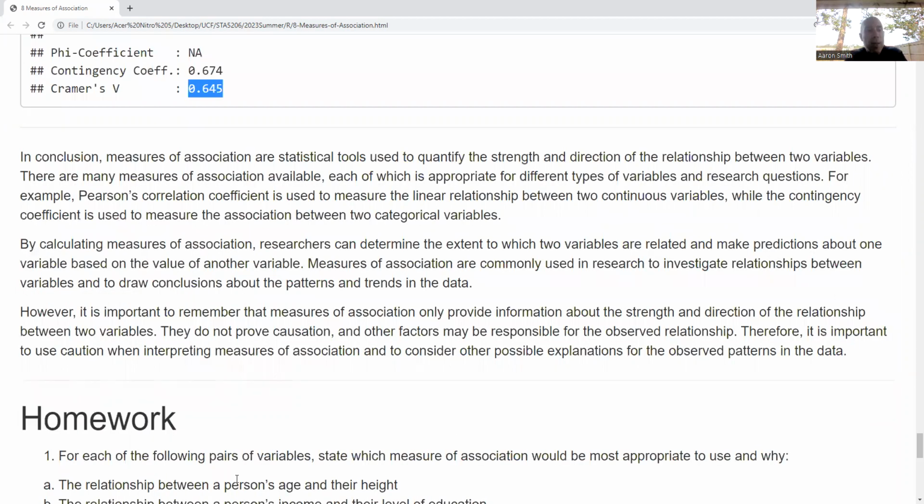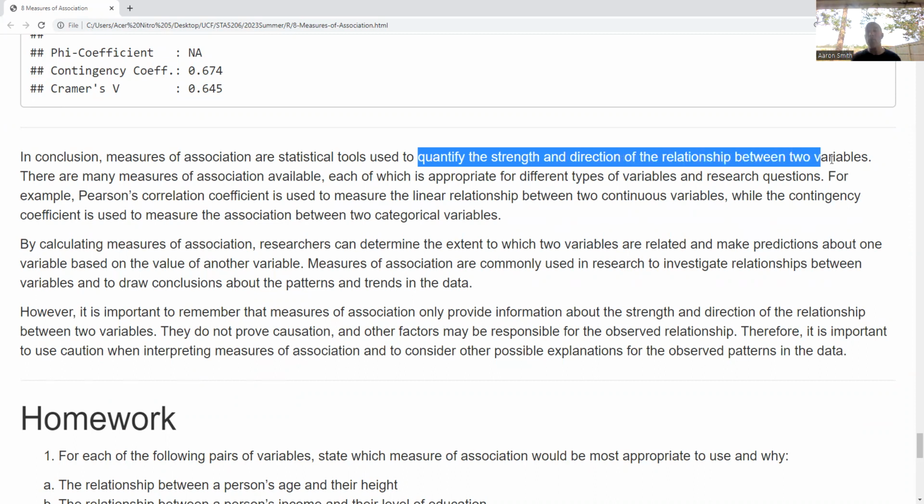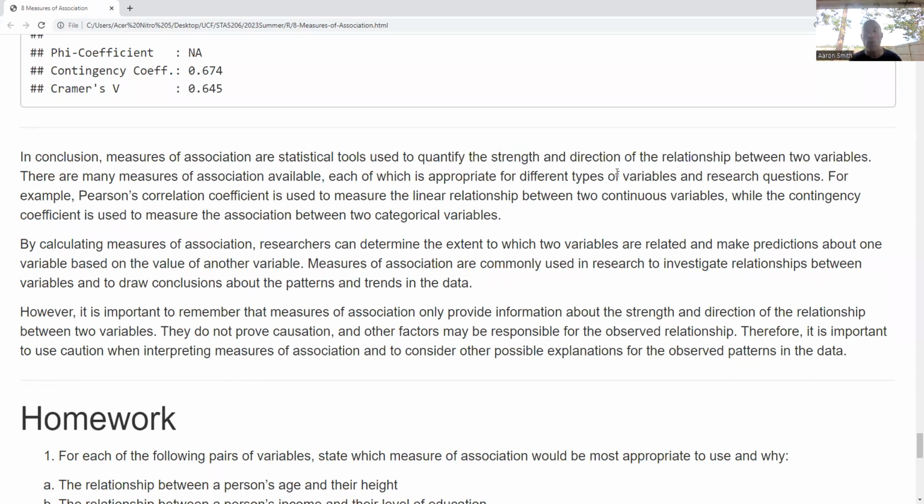So in conclusion, measures of association are statistical tools used to quantify the strength and direction of the relationship between two variables. There are many measures of association, each of which is appropriate for different types of variables and research questions.